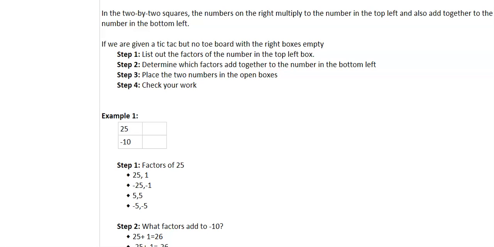The first step would be to list out the factors of that top left box. Once we know the factors, we can determine which of them add together to get our number in the bottom left. Once we have those numbers, we can plug them into the box and we can always check our work.